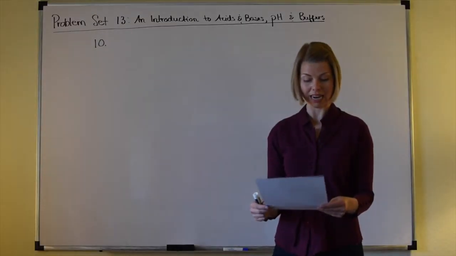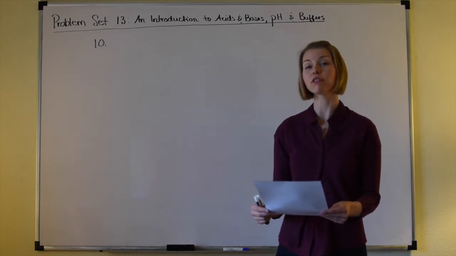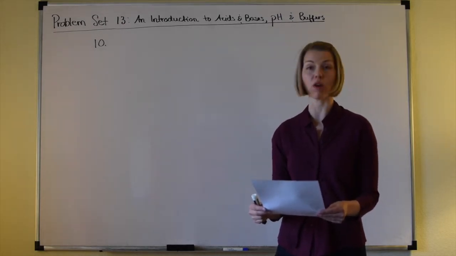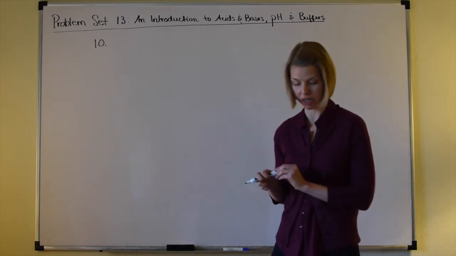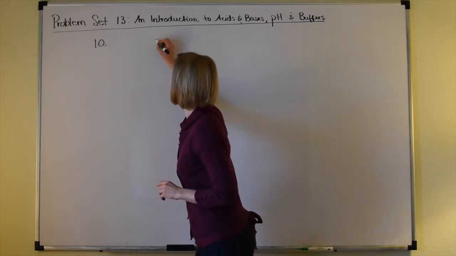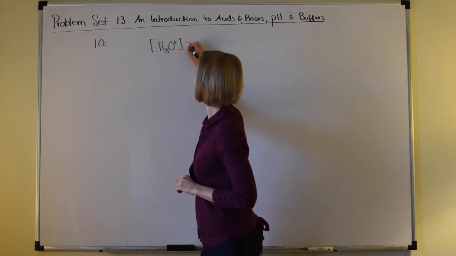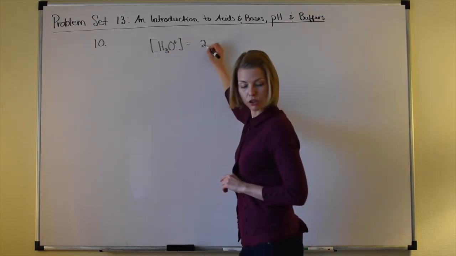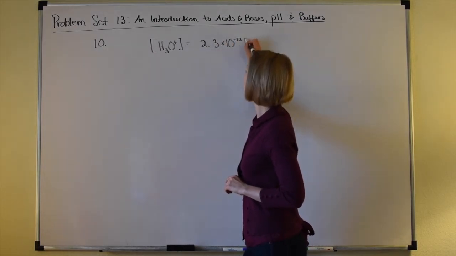Okay, number 10. An ammonia solution has a hydronium ion concentration of 2.3 times 10 to the negative 12 molar. Calculate the pH of this solution. So we are given the hydronium ion concentration. It's 2.3 times 10 to the negative 12 molar.